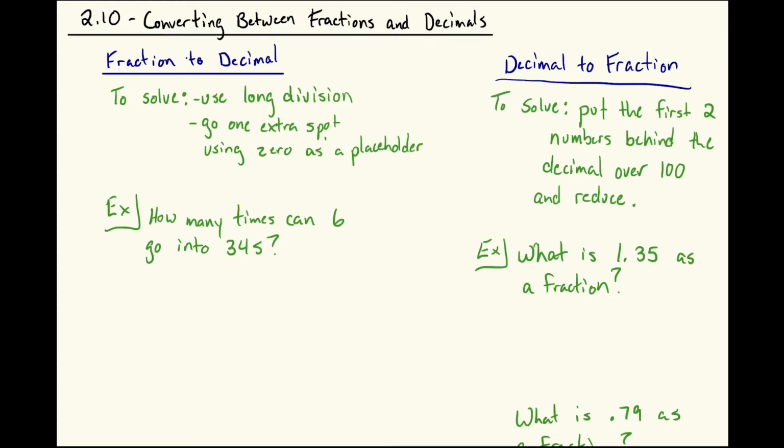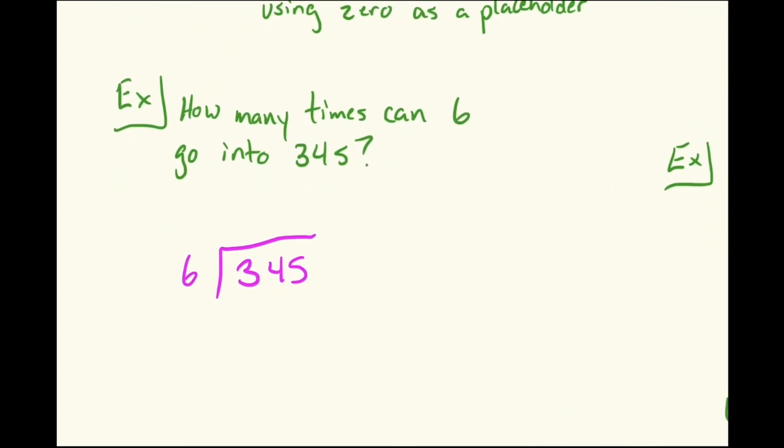So the first example here is, how many times can 6 go into 345? So when we write that, we write our long division bar here. Helps if I write the right number, 345. And 345 is going to be divided by 6. First off, how many times can 6 go into 3? It can't.